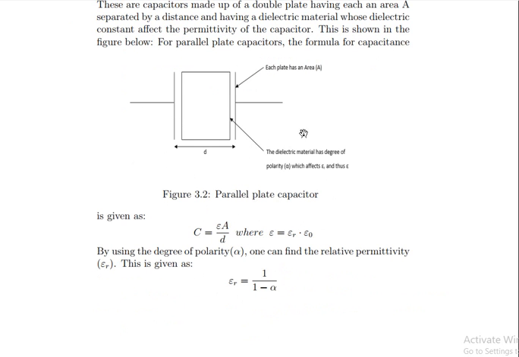And the dielectric material is going to produce what? The degree of polarity, and the degree of polarity is going to affect the epsilon R, or the relative permittivity, which is going to affect the epsilon, or the permittivity of the medium. The permittivity of the medium is equal to epsilon R times epsilon 0. So all this is going to be equal to epsilon 0 over 1 minus the degree of polarity.